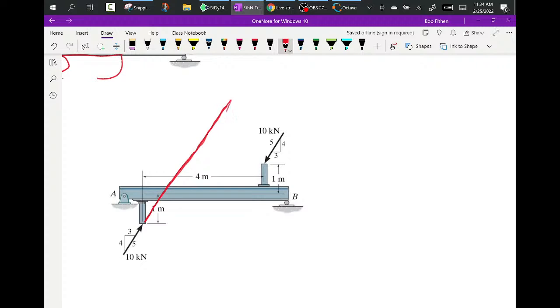So I just want to draw a vector like so. That vector, and I'm going to have to pick a location for the coordinates. So I've got this vector that goes in that particular direction.